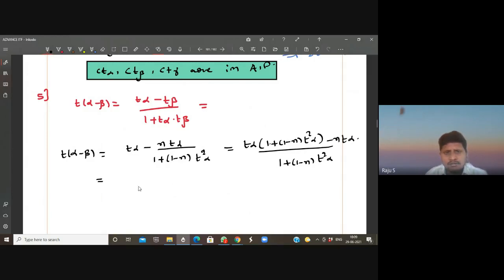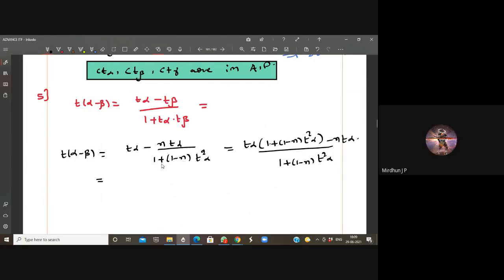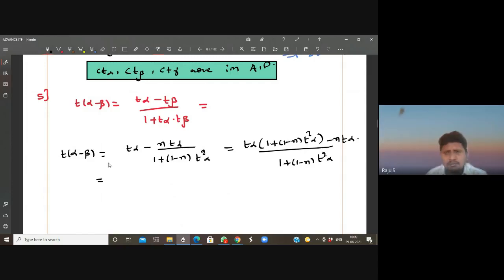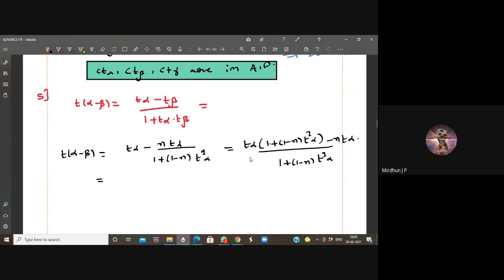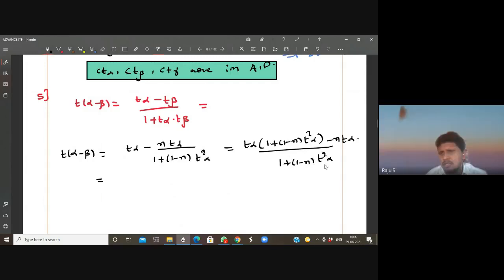Now what to do here? Again, we should write divided by 1 plus tan alpha tan beta now, sir. The denominator we need to write now, sir. What do you need to write here?